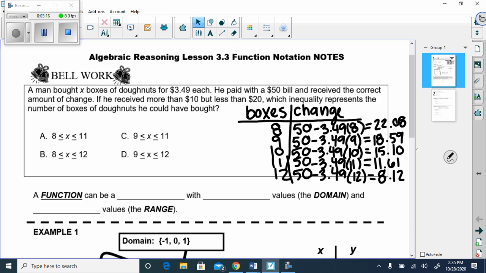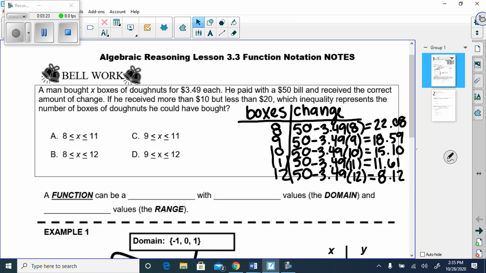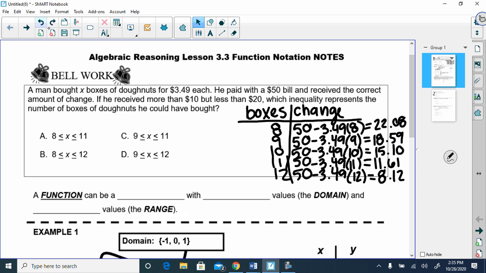All right, and then they told us he received in change more than, oops, I need to move the whole thing, more than $10, but less than $20. So which one of these, or multiple of these, falls between more than 10, but less than 20? 11 and 9.